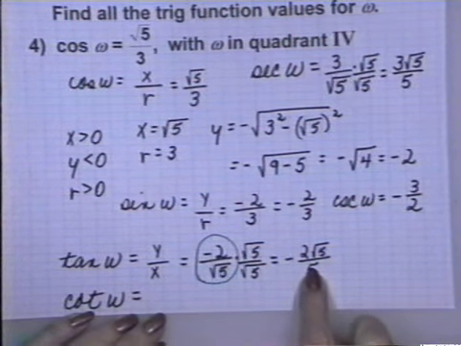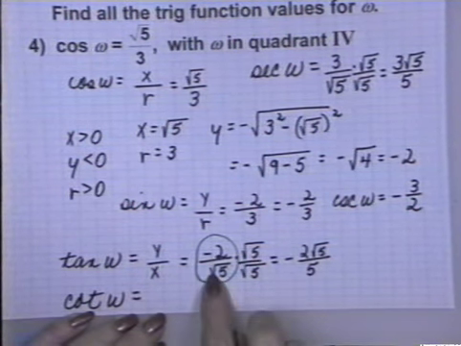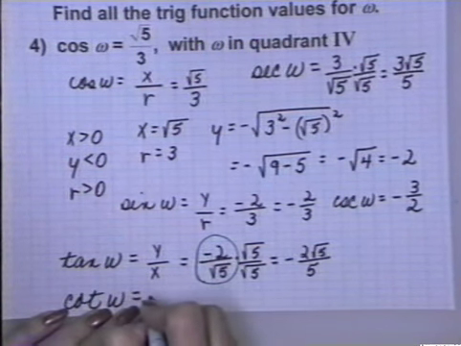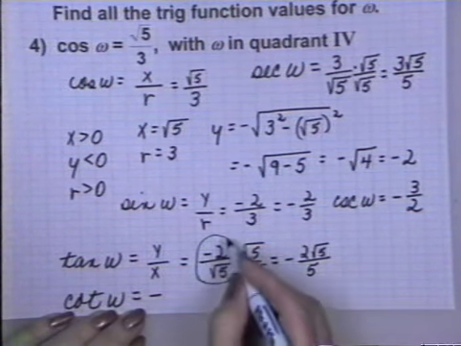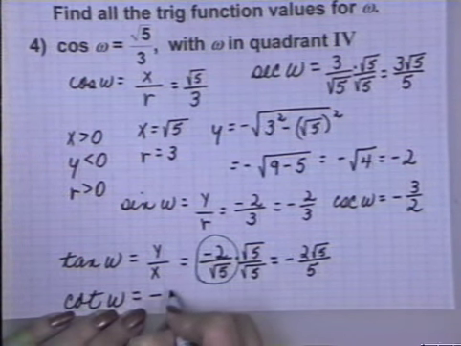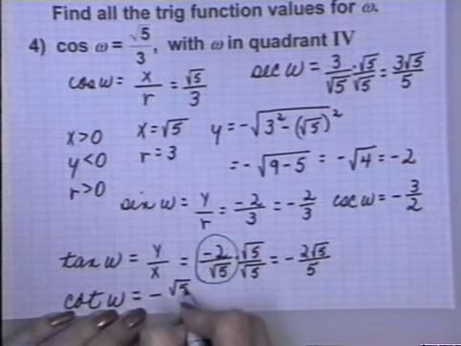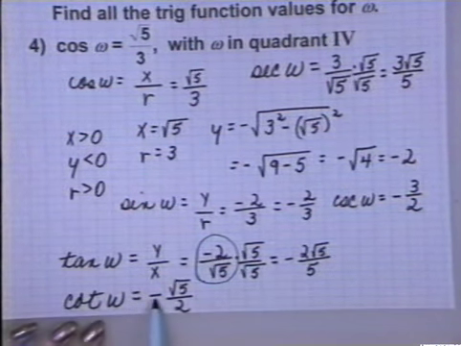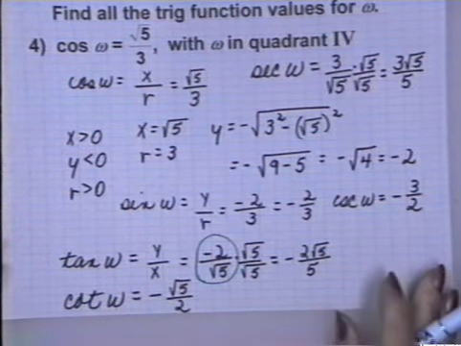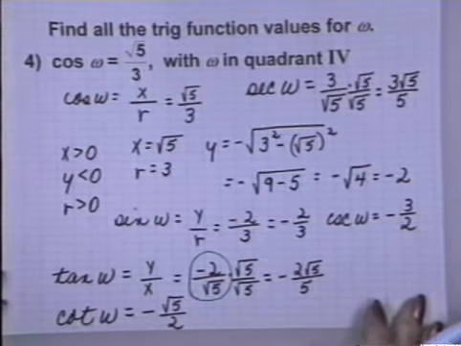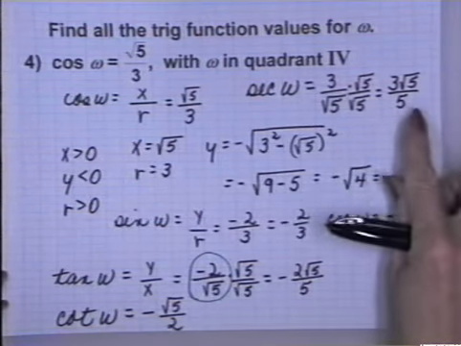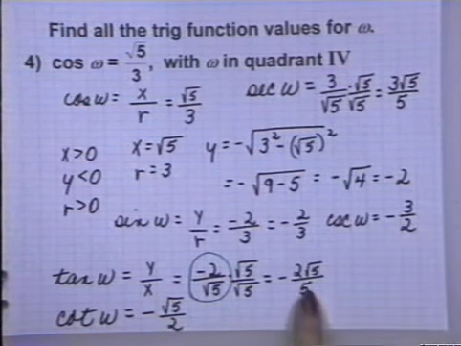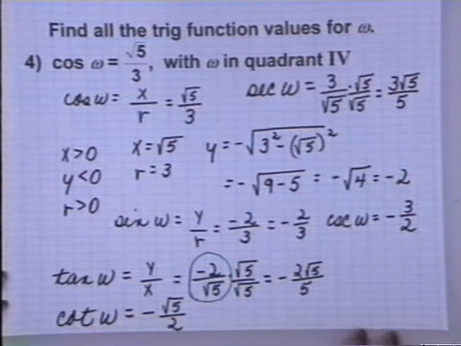I know this is just an equivalent of this because I'm just multiplying by 1, but for my purposes, let's put the negative out front, and then let's use the reciprocal. The cotangent of omega would look like that. It would be minus the square root of 5 over 2. So I think I've got all 6 functions: cosine, secant, sine, cosecant, tangent, cotangent.